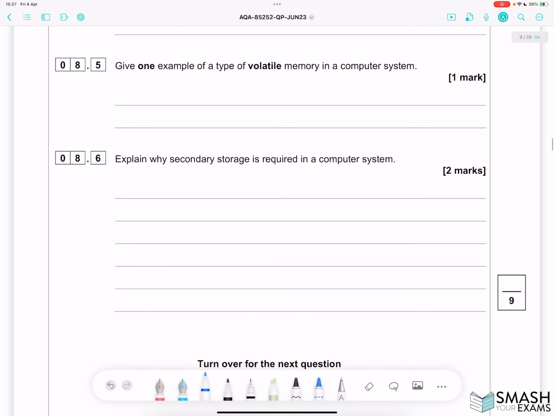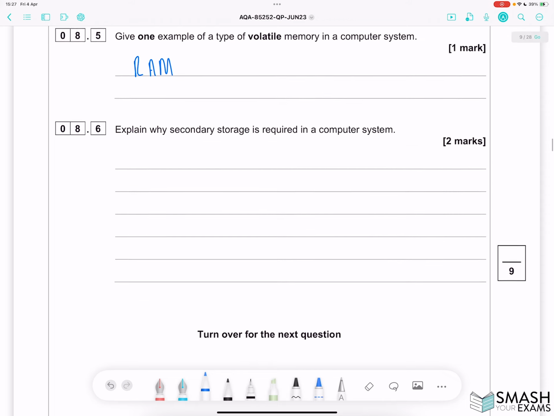When we talk about volatile, we're talking about elements of primary storage. We could be talking about parts of the CPU. So we could give example answers here. There's only one needed, but sensible ones. The most obvious one given our definition would be RAM. We could have also mentioned cache. We could have mentioned registers. Anything like that would be volatile memory. I'll stick with RAM though.